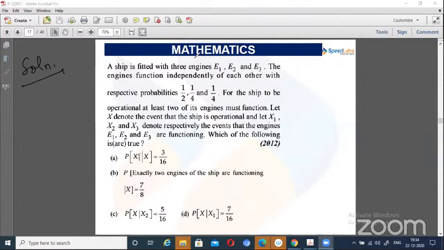The first one says it is a conditional probability: if the ship is functional, what is the probability that X1, the first engine, is not functional. ठीक है, so आपको निकालना है कि if the ship is functional, what is the probability that the first machine is not functional?